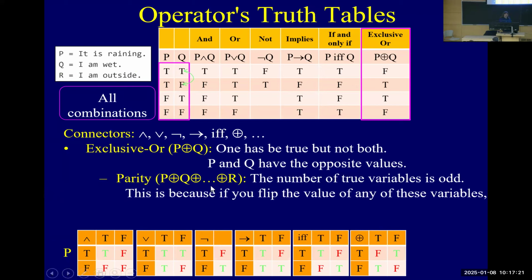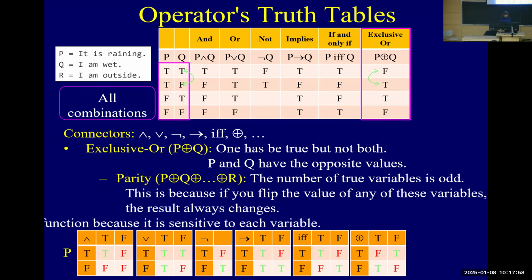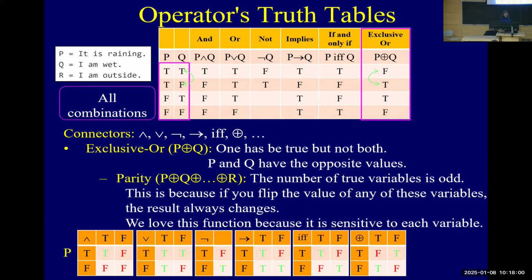One thing that makes it a useful function in computer science is that it's really sensitive to its input, right? You give parity any input, you say this variable is true and this one's false, and you get some output, whether the number of set is even or odd. And then if you flip any one of the variables, the output flips. So it's sensitive to the variables, all right?